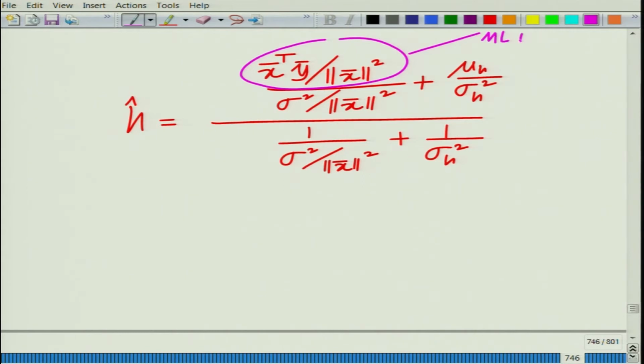So, this quantity is the ML estimate, and this quantity is the variance of the ML estimate or MSE of the ML estimate.